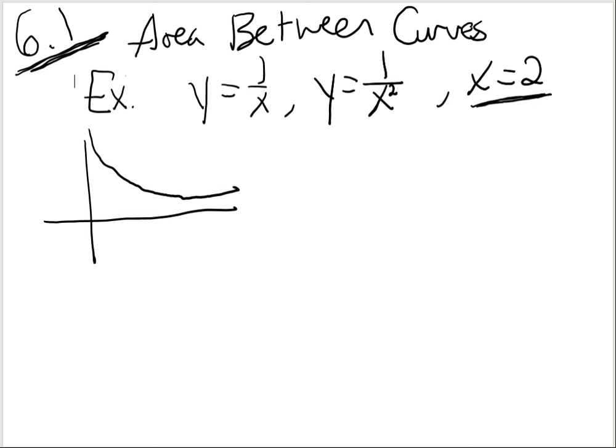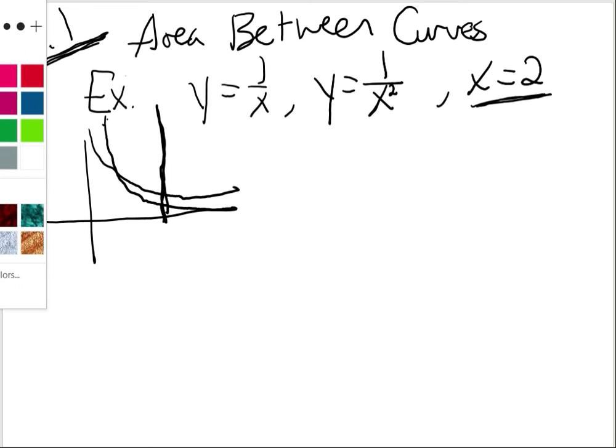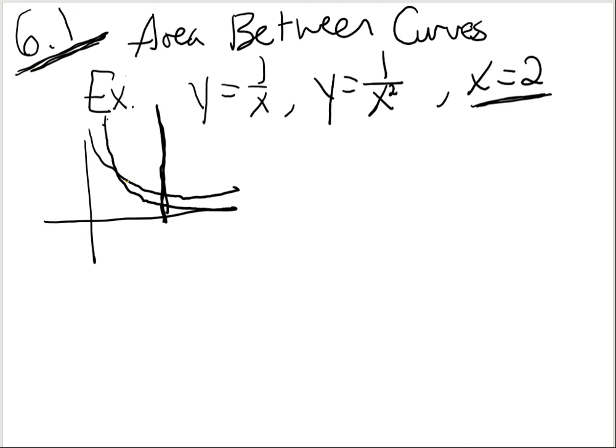This is 1 over x, and then you'll get something that's coming down a little steeper for 1 over x squared. And it gets down close to the 0 faster. Now where is x equals 2? Well, that's somewhere over here, actually. So let's draw in a different color. What we're looking for is this area.